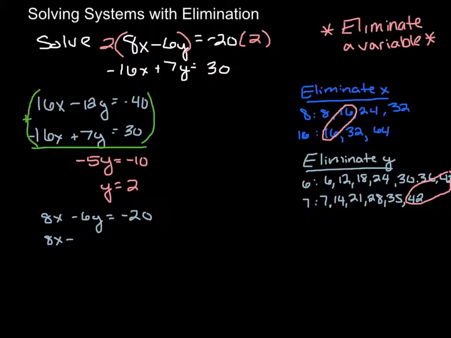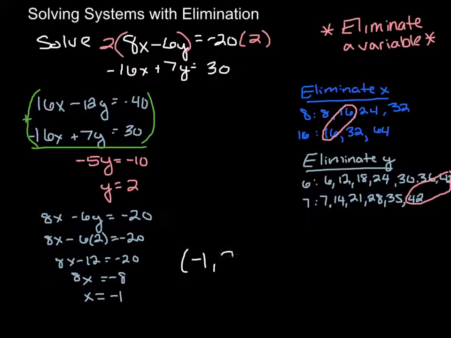My y is 2, so 6 times 2. Add 12 to both sides, we have 8x equals negative 8, and x equals negative 1. So my solution is negative 1, 2.